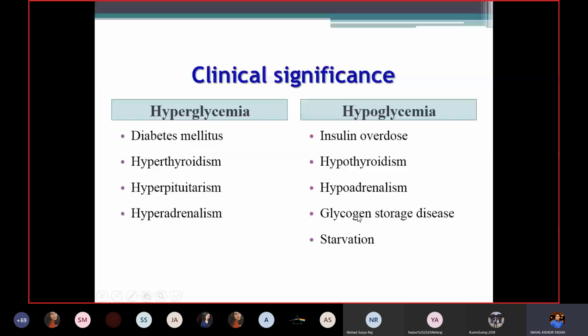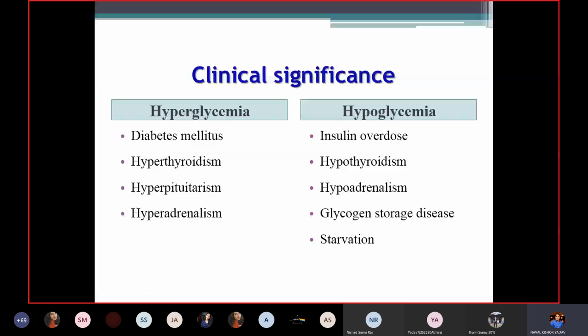Here it's for 5 marks, so you can mention at least 4, or 3. Hypoglycemia: insulin overdose, hypothyroidism, hypoadrenalism. The clinical significance of that you have to mention. Then only you will get the 4 or 5 marks.